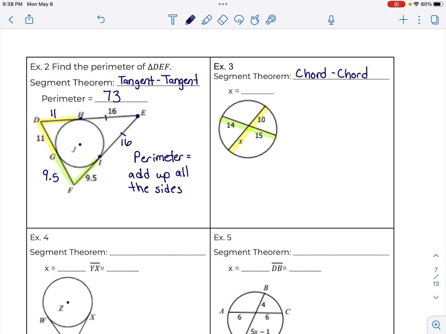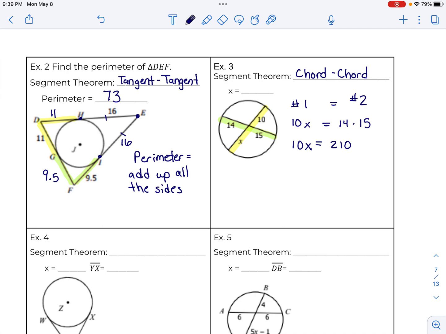So chord 1 would be 10 times x, or just 10x. That should be equal to chord number 2, which is 14 times 15. It doesn't matter which order you multiply numbers in, but 10 times x is just 10x, and 14 times 15 is 210. So that was the part times the part.